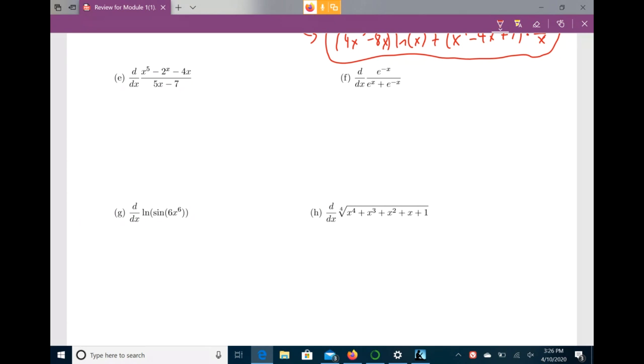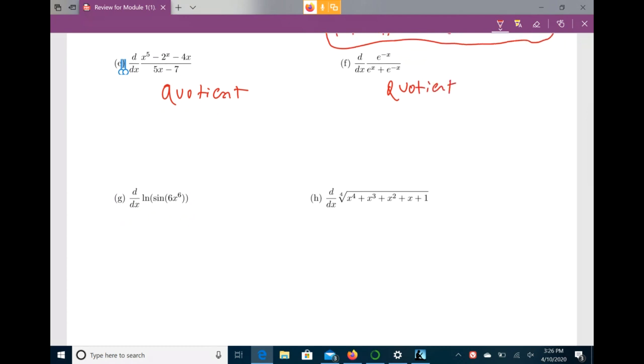Okay, so let's look at E and F. Broadly, what rule would you use? Good, right? For both of these, you would use the quotient rule, and I'll post solutions to this as well. Okay, for G and H, what rule would we be using?